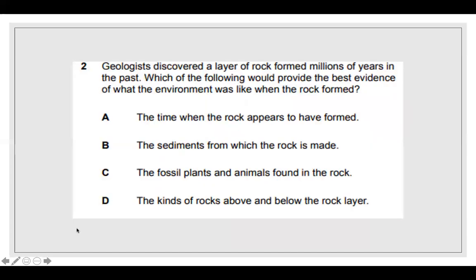Right, number two, geologists discovered a layer of rock formed millions of years in the past. Which of the following would provide the best evidence of what the environment was like when the rock formed?